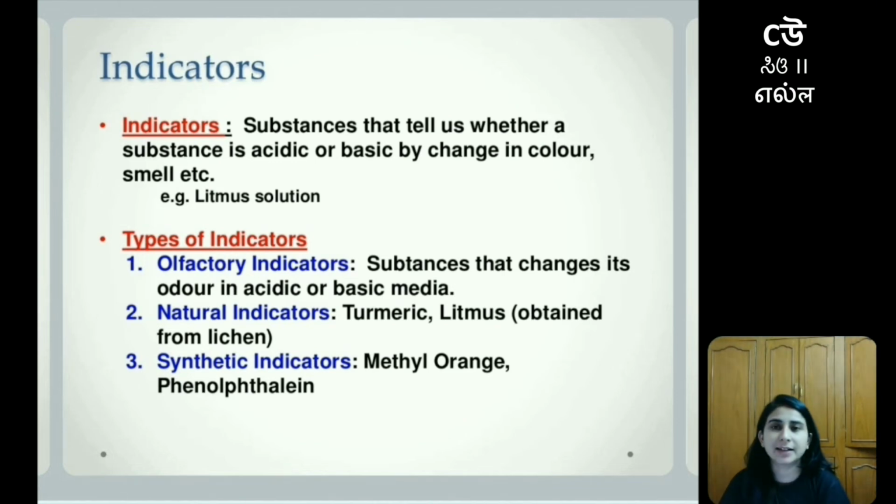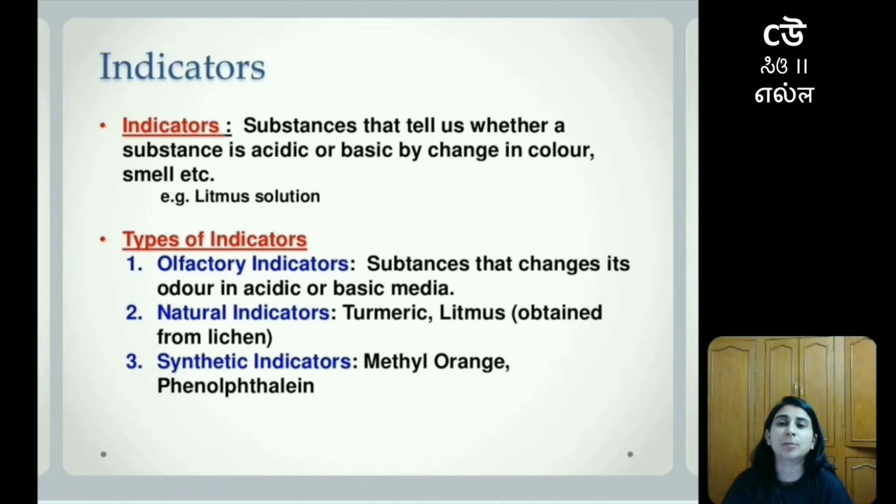So those substances which will change their odor or smell in acidic or basic medium would be called olfactory indicators. Talking about natural indicators, we have turmeric and litmus, which is obtained from lichen.